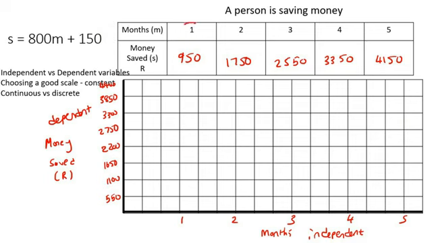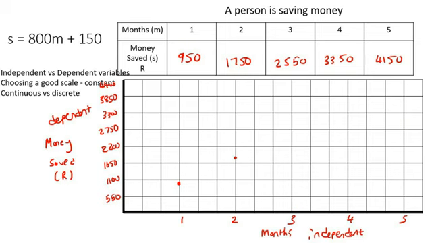So at 1 month, it's 950. So 950 would be a little bit under here. So that would be about there. Then 2 is going to 1,750, which would be about here. Okay, it's a little bit in between these two, but not exactly halfway. It's closer to this side, or to this one. Okay, 3 and then 2,550.